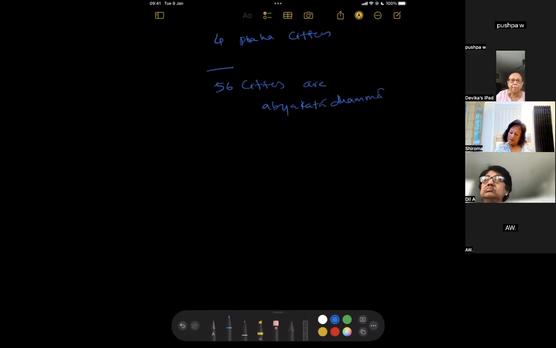Plus we have 52 Chetasikas, but with the 52 Chetasikas, what must we get rid of? We must get rid of the Akusala. How much of Akusala do we get rid of, everyone? 14. 14 Akusalas.